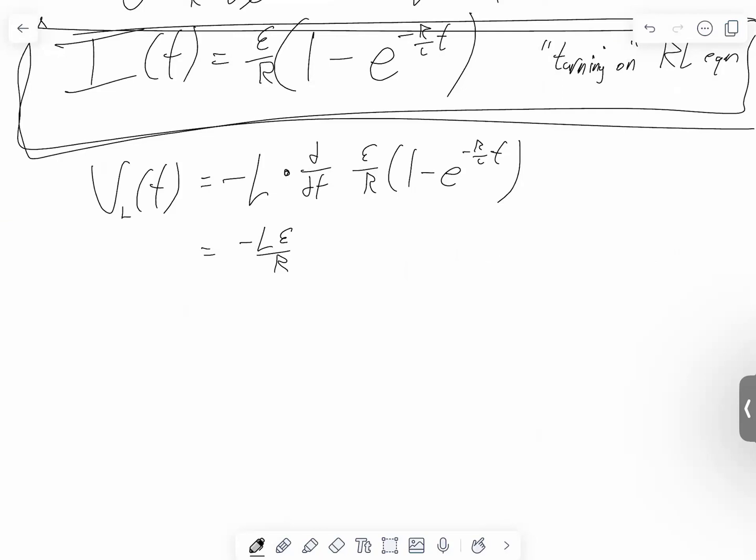What's this derivative? E over R pulls out, derivative of 1. Derivative of negative e to the blah t, the negative pulls out.